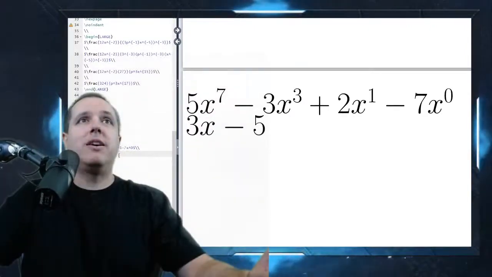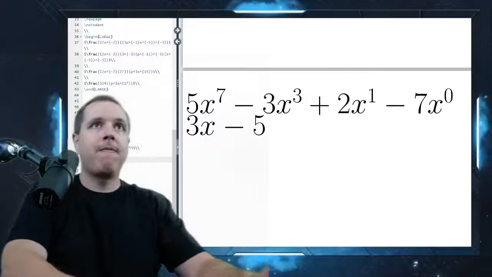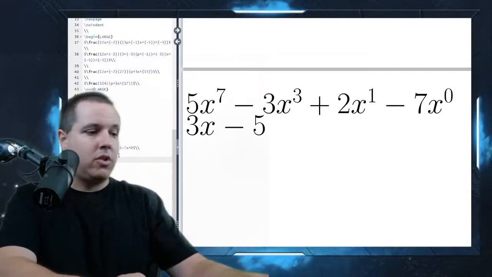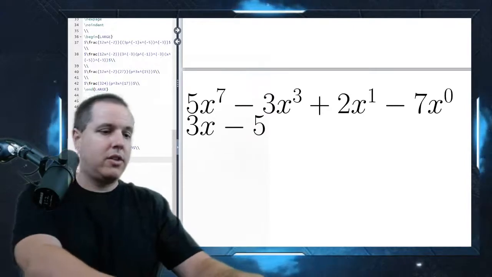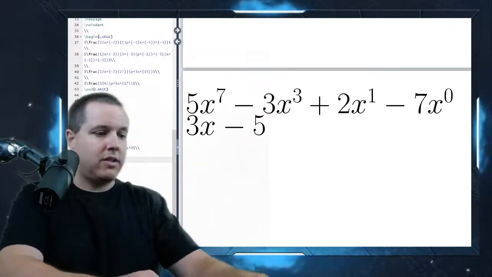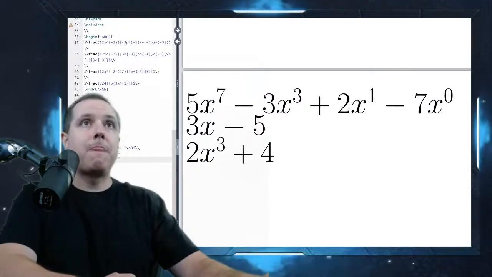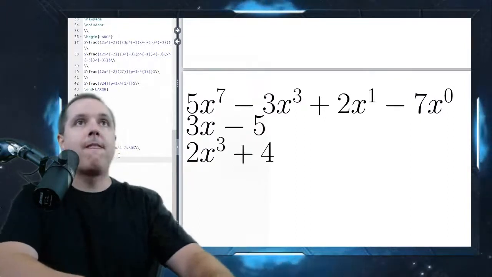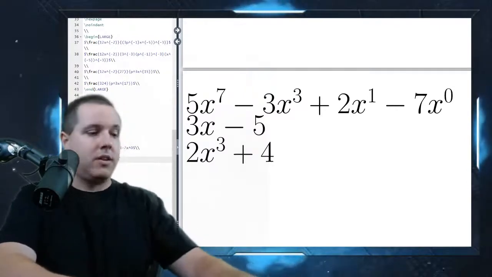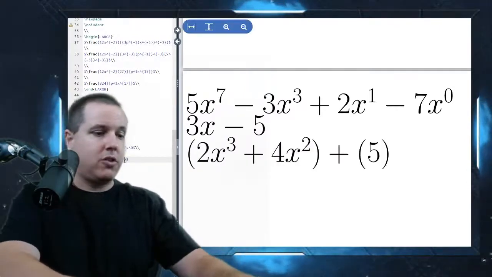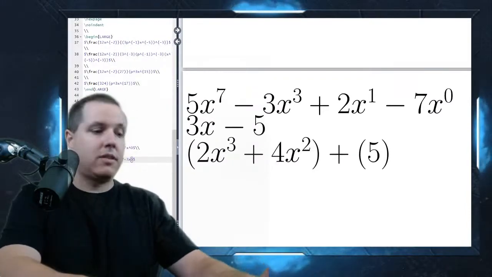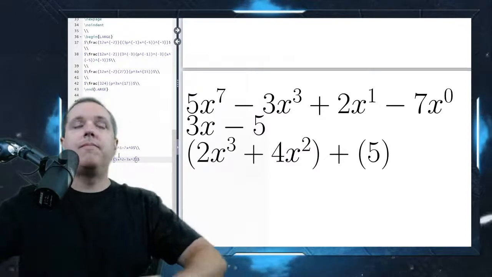So for instance, if we have 2x cubed plus 4x squared plus 5x cubed plus 3x squared.